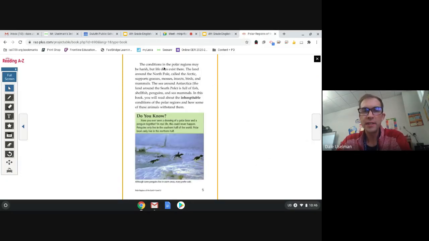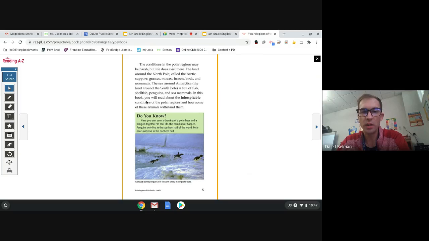The conditions in the polar regions may be harsh, but life does exist there. The land around the North Pole, called the Arctic, supports grasses, mosses, insects, birds, and mammals. The sea around Antarctica, the land around the South Pole, is full of fish, shellfish, penguins, and sea mammals.